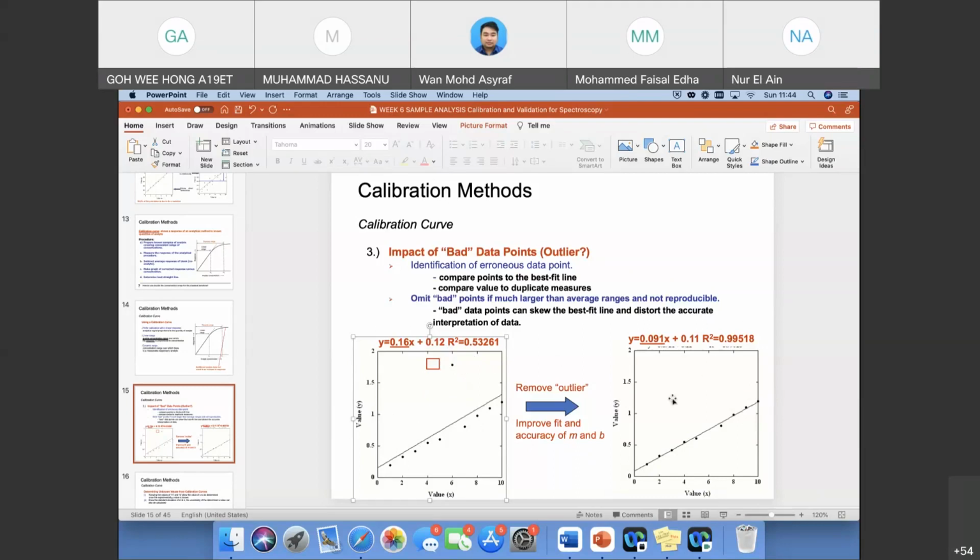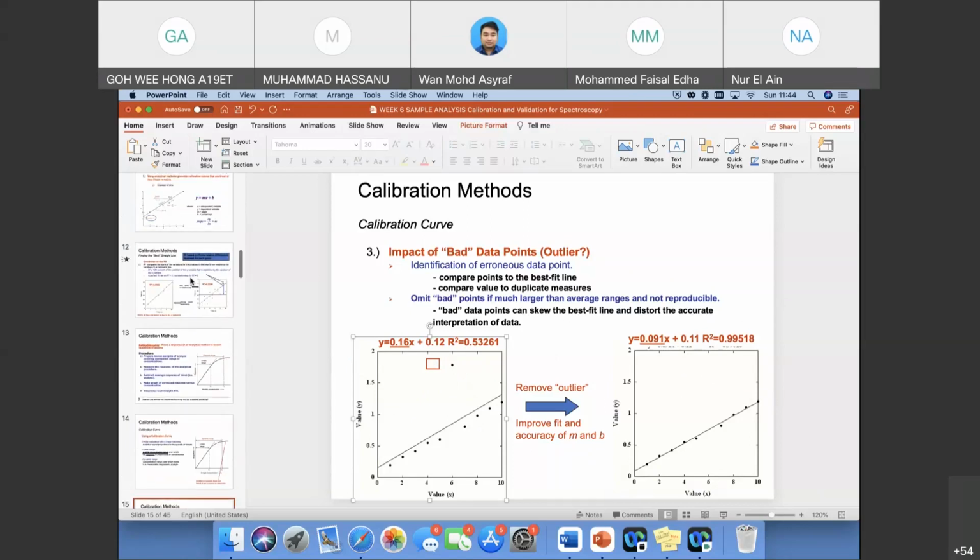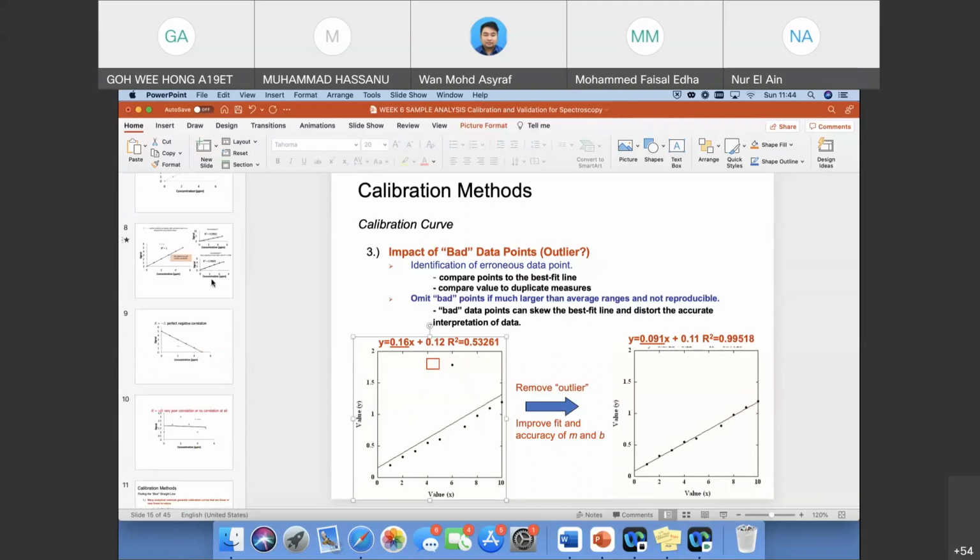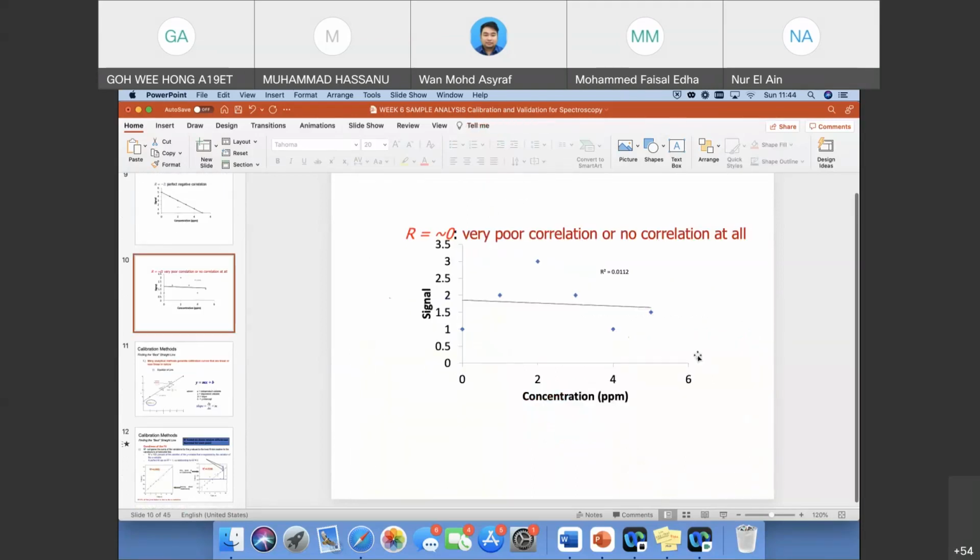But you also need to think about whether the outlier is an outlier. For example, I would like to look at this point. For this data, whether this is an outlier, are all of these outliers? No. So all of this is not an outlier because it acts randomly.